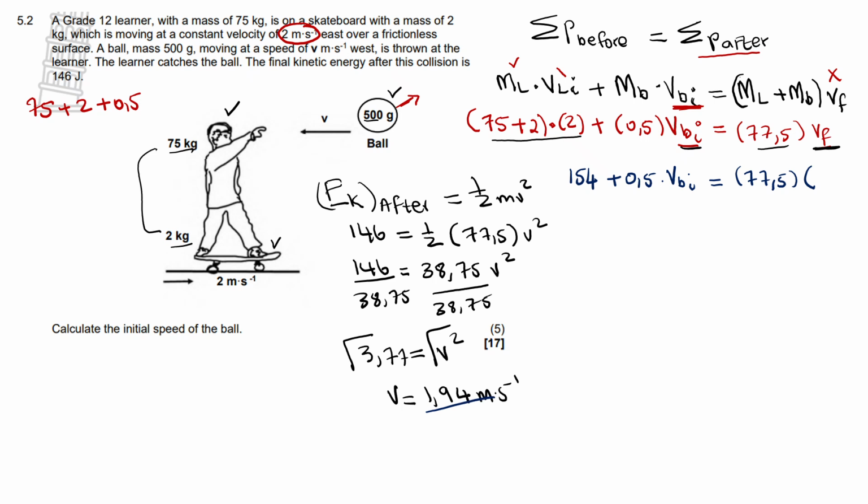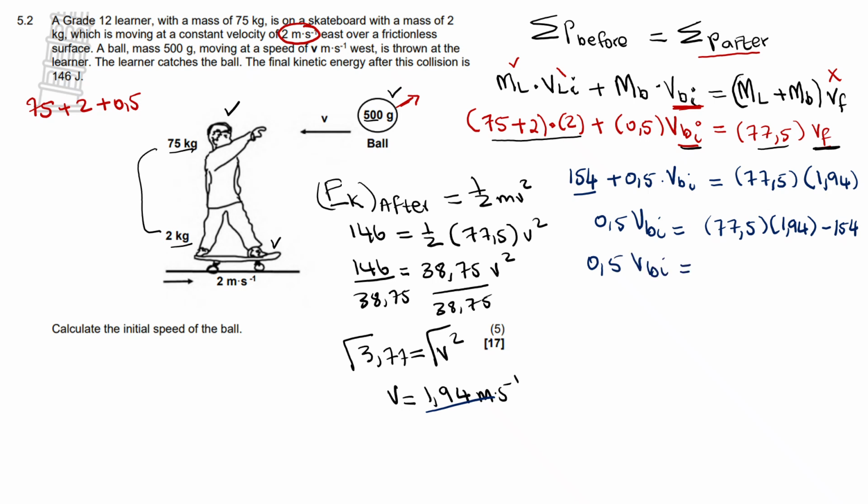So now we can say the 0.5 of VB initial equals 77.5 times 1.94. Let's bring this 154 to this side to be negative.